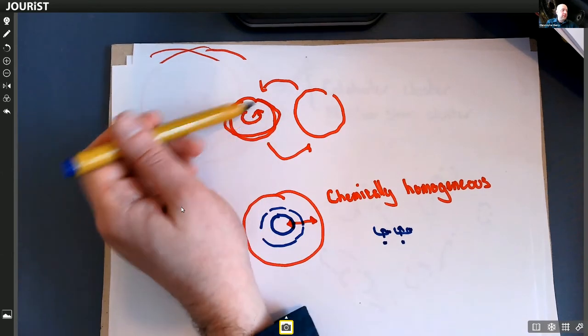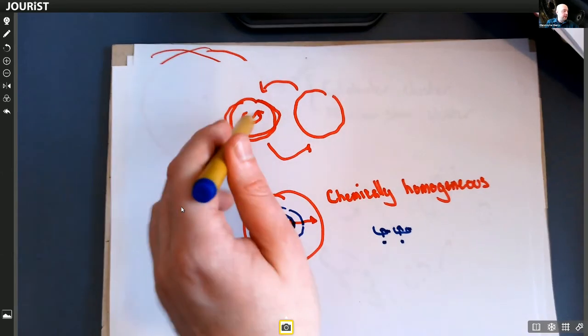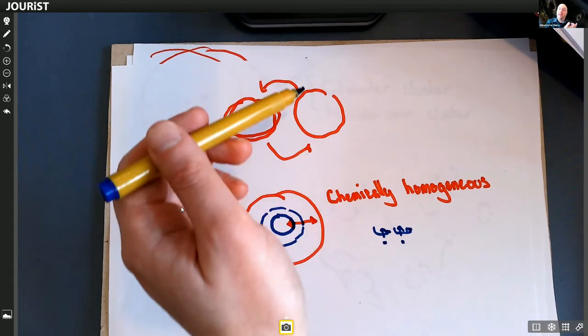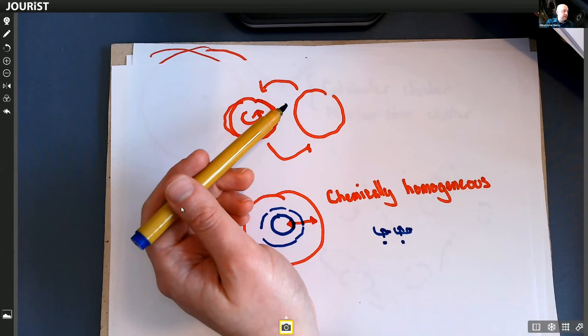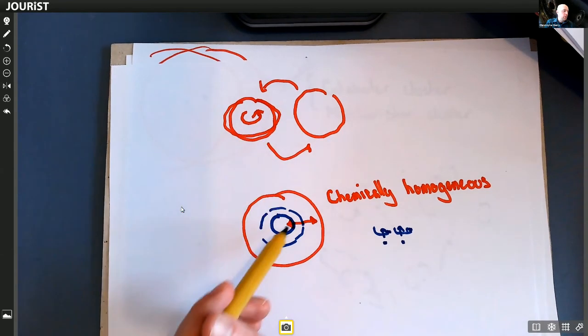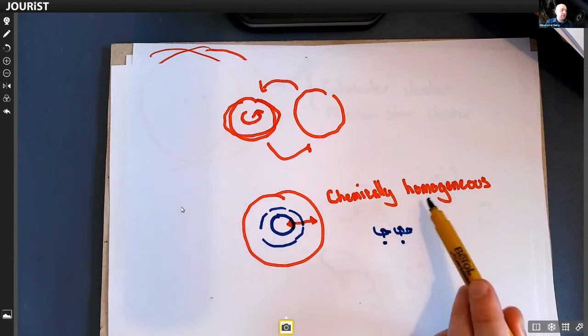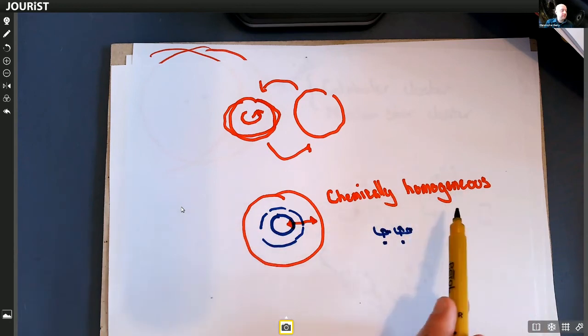The rotation frequency is the same as the orbital frequency, which, because they are close together, is very high. In this case, you get mixing inside your star, or the different layers get mixed together, so you're chemically homogeneous. The chemical composition is homogeneous, which means the same throughout.